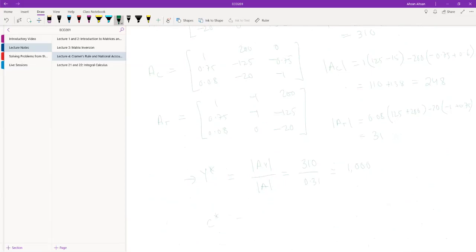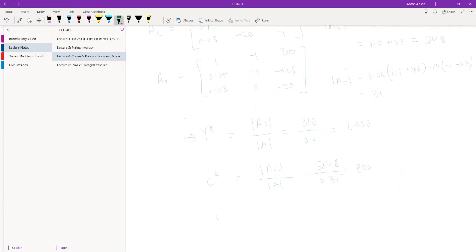Equilibrium consumption is given by the determinant of A_C divided by the determinant of A, so 248 divided by 0.31, and I'll use my calculator again. This gives us 800. And equilibrium tax is given by the determinant of A_T divided by the determinant of A, 31 divided by 0.31, so 100.